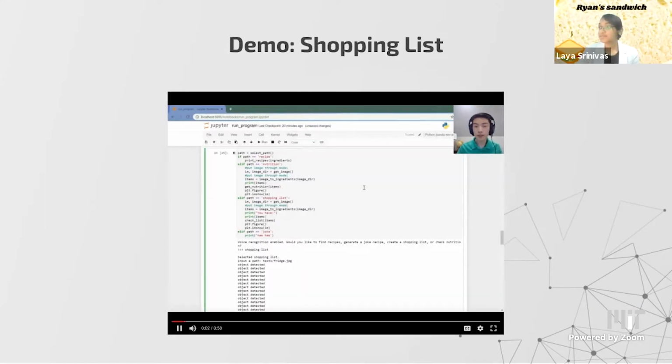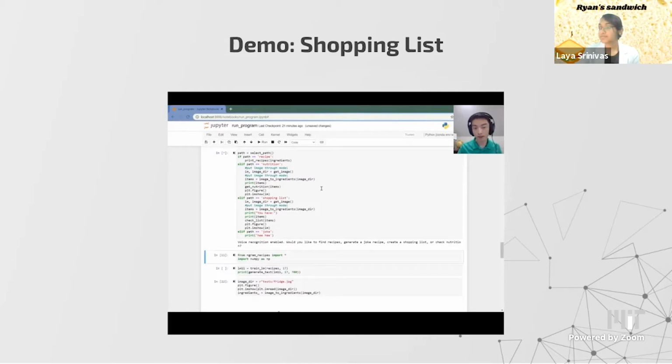Now let's use the same picture of the fridge to identify objects in the fridge and compare them to a shopping list to see what we're still missing. Shopping list. Again, the image is passed through object identification to identify each specific object in the photo.